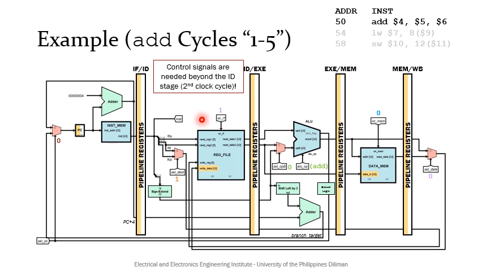How then could the control unit provide the control signals at the other clock cycles, given that a new instruction is being decoded every clock cycle at the ID stage?